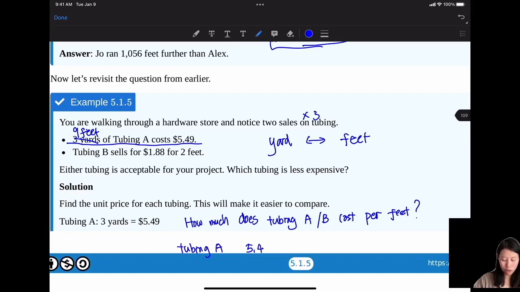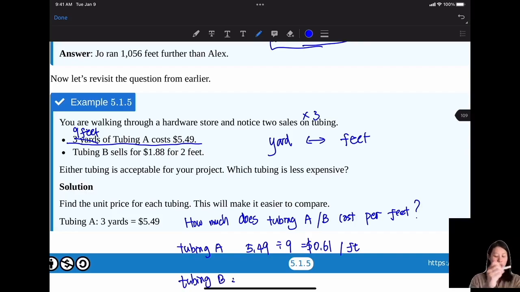We use $5.49 divided by 9, so we will find out how much it costs for each foot. Let me do it with my calculator. So I have 61 cents per foot.